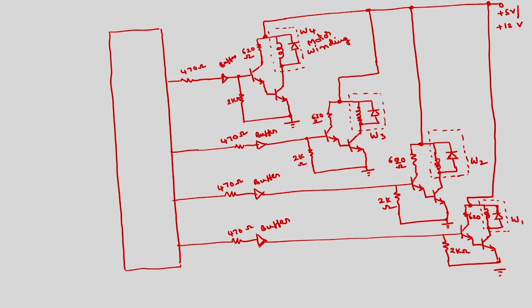Only 4 pins of the 8255 are enough. It is up to you. I am going to connect W1 to PA0, PA1, PA2, PA3. I will assume the same addresses. Port A address is FCH, port B is FDH, port C is FEH, and the control word is FFH.